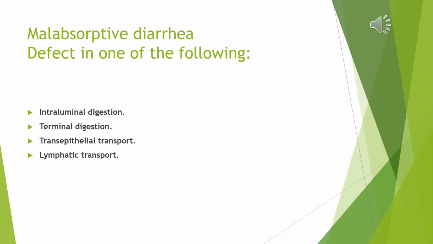So any defect in one of these steps, the intraluminal digestion, terminal digestion, transepithelial transport, or lymphatic transport, can result in malabsorption. And in fact, sometimes more than one mechanism can act at the same time.